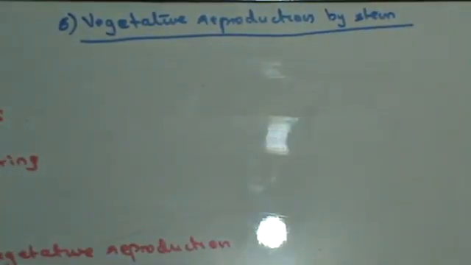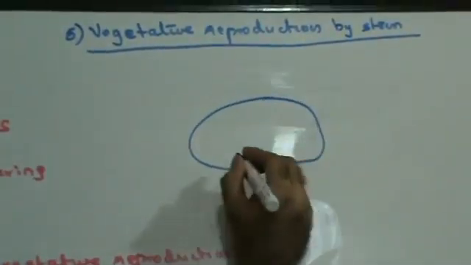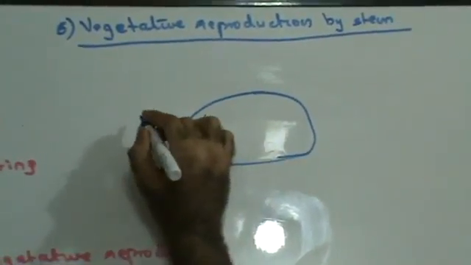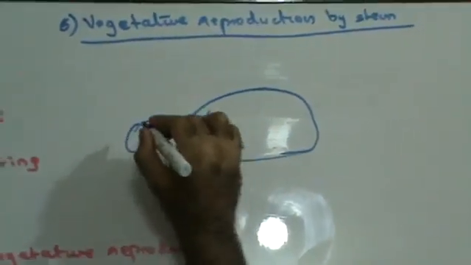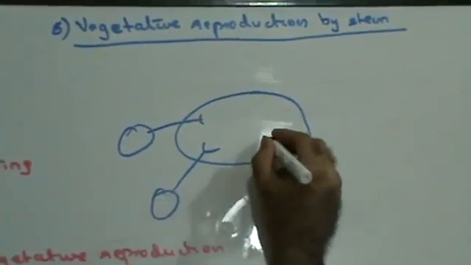Now, in this case, you would have a stem tuber. Something like this.